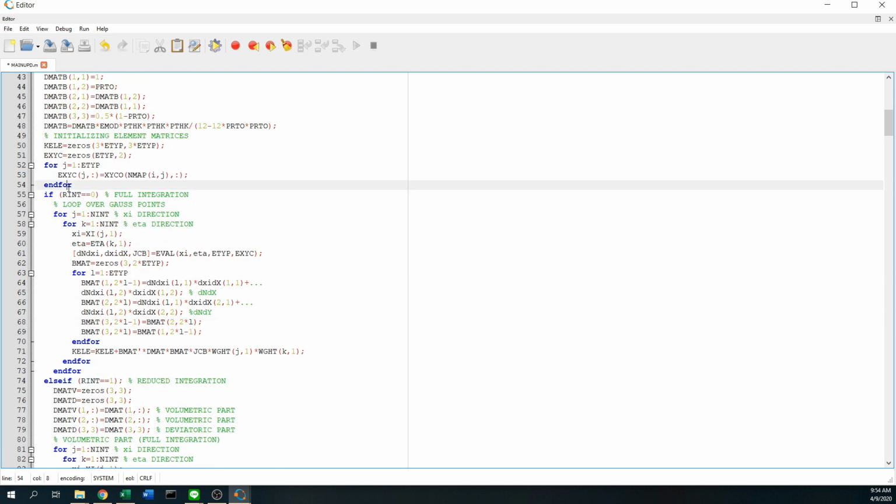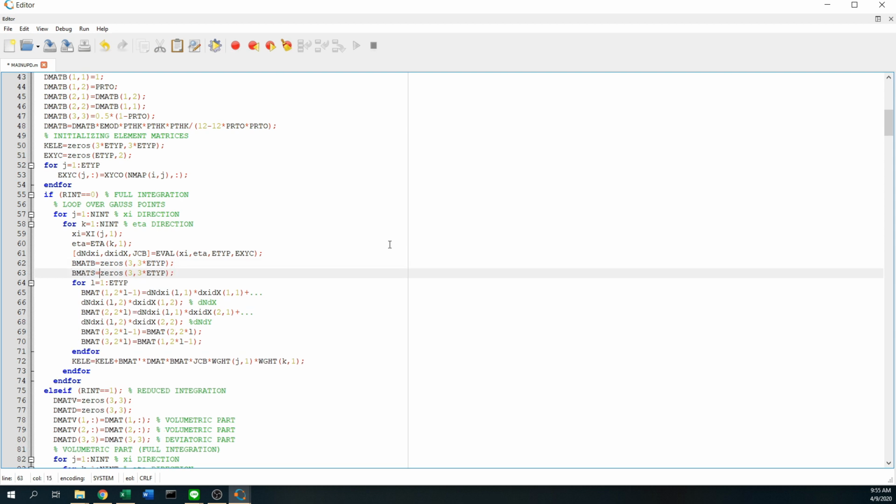Anyway, full integration first. So for K you get the C and eta. All of these will be the same, and then the B matrix is going to be 3 by 3 times, and you have the B matrix for bending and the B matrix for shear, so we've got to separate them.